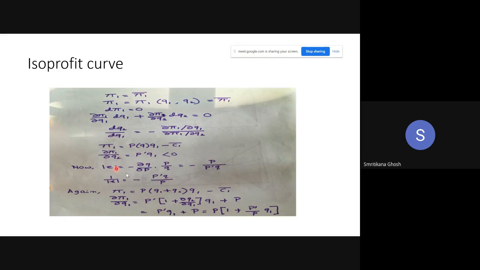Q is the total output of the oligopoly industry, Q1 plus Q2.